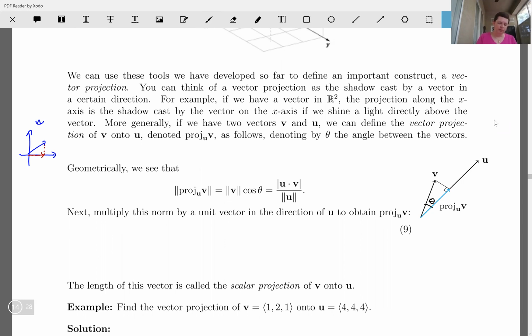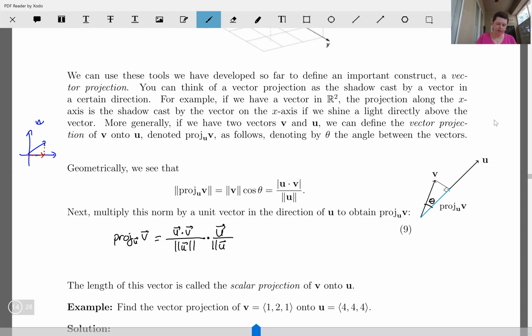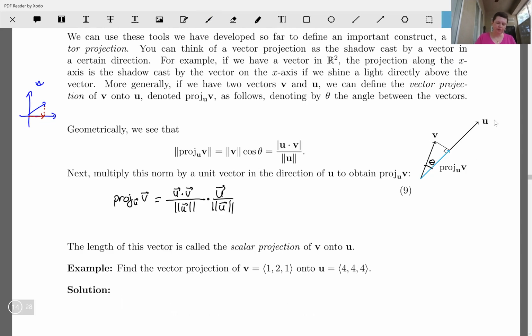So putting that all together, the projection of v in the direction of u is going to be u dot v divided by the norm of u, the magnitude of u, times u over its magnitude, also known as, the projection is going to be the dot product of u with v over magnitude squared times u.